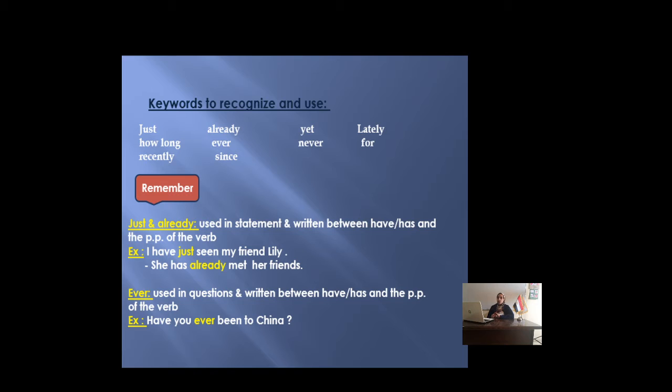The other example that we have here: she has already met her friends. Then we have the word ever, used in questions and written between have or has and the PP of the verb. So it's also inside the sandwich that we are talking about. Have you ever seen, or have you ever been to China?